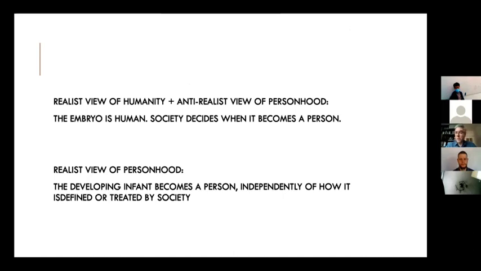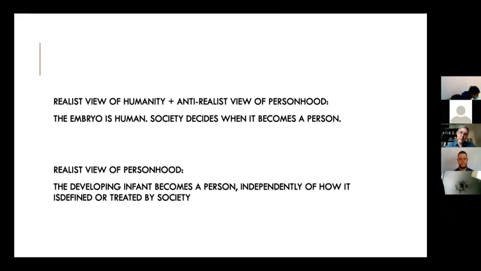And so any member of that society, if they were following the norms and morality of that society, if they treated the slave as an object, they were acting totally normally and morally, because that was the moral norm of that society. So society decided that this slave was an object. So this is an anti-realist position. Personhood is entirely dependent on how people decide to treat a human being, as a person or as an object.